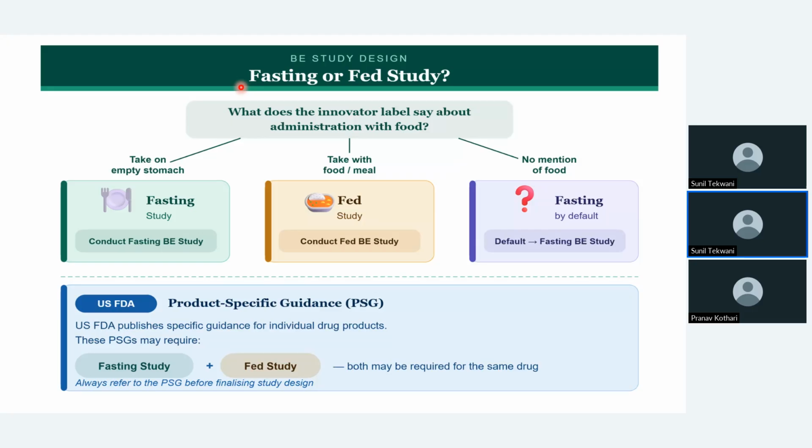Now let me give you a visualization of how a BE study is performed before going into fasting and fed studies. The human subjects are screened before the study starts, 21 days in advance, not more than 21 days. Suppose the study is going to start on 22nd June.